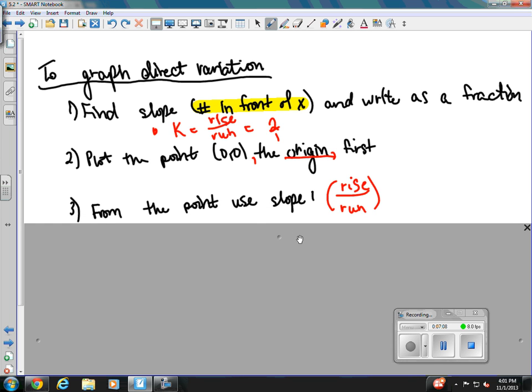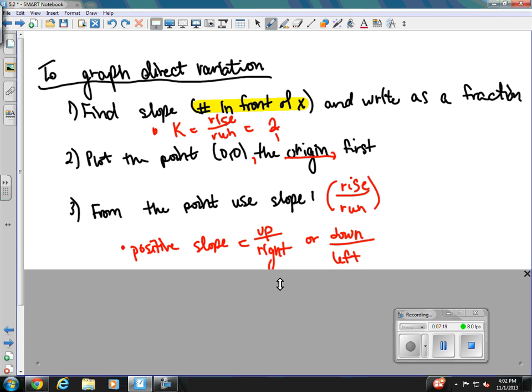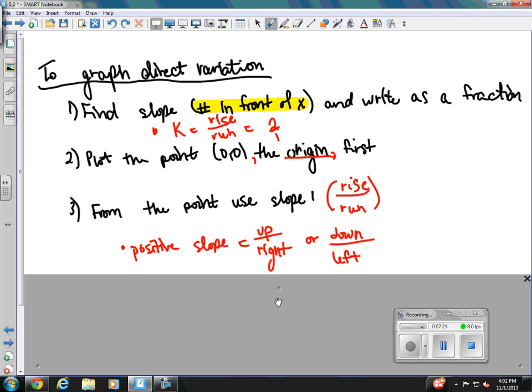Our third step is to actually use our slope. So from the point 0, 0, we're going to use our slope. Once again, a reminder, that's rise over run. And here's how we're going to use our slope. If it's positive, we're going to rise and go up and to the right. But if for some reason your graph's not big enough to go up and right, you can also go down and left.